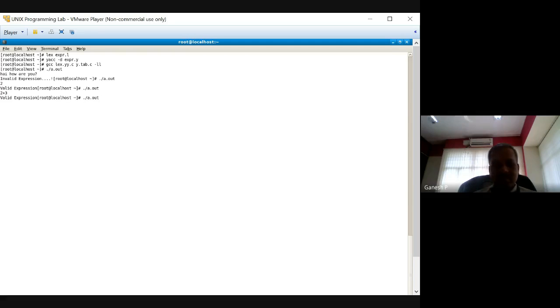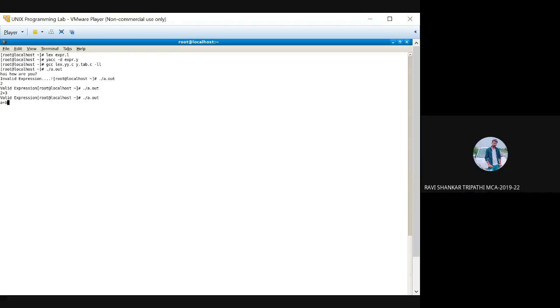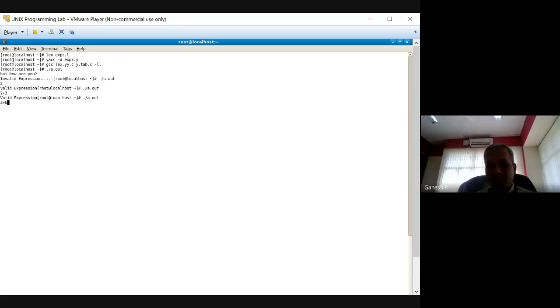Next, A plus B, valid or not? Invalid, because it is only 0 to 9. A plus B looks like 2 plus 3. It looks like an expression, but we have defined it as numbers, not as characters. Probably if you modify that, we can have it. But right now, it is not valid. So it is an invalid expression.